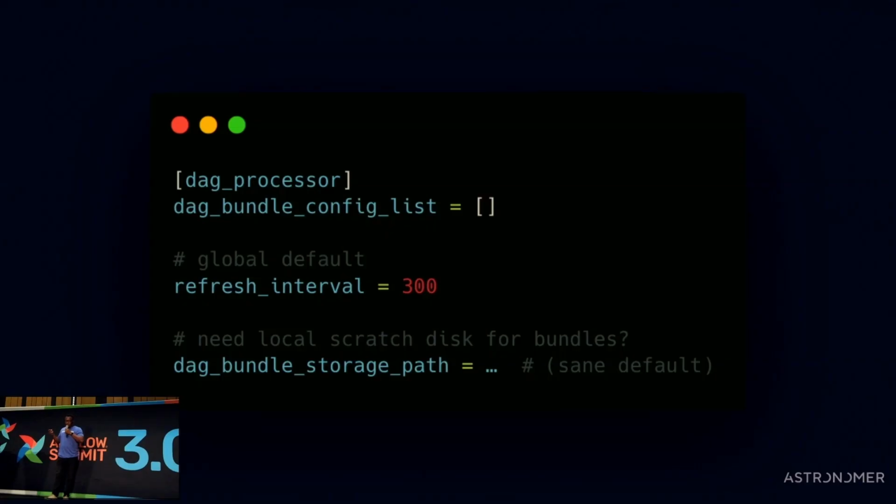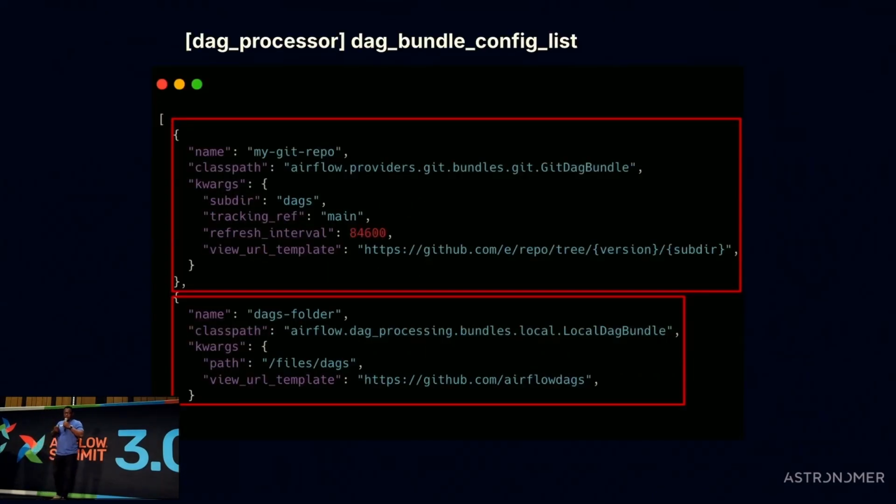Then we also have the Dag bundle storage path, which is where Airflow downloads your Dags and executes from. It has a sane default, but you can also change it. And this is how we configure bundles. If you look here, we have my Git repo as the name of the first bundle. We have two bundles here. My Git repo has a class path which points to the Git Dag bundle.